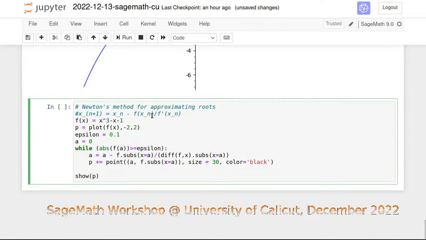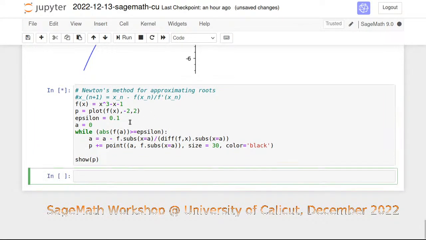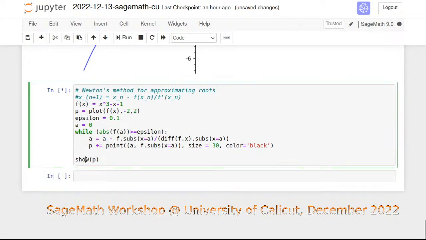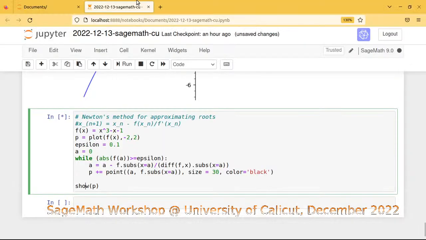Let's see the final plot. So it seems to be in a loop. We have done something wrong.